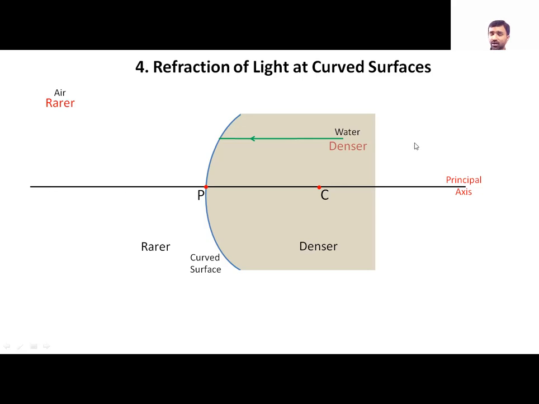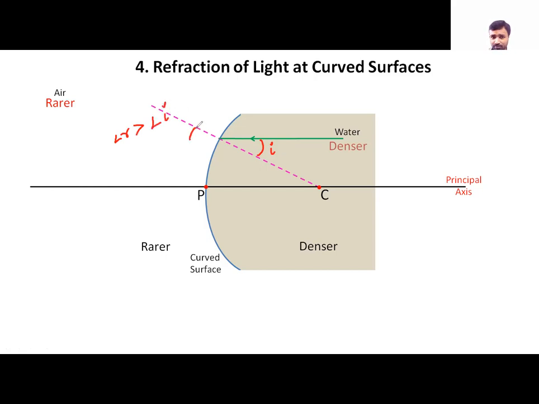So where is the normal? Connecting the center and the point of incidence. So just blindly assume the angle of incidence. When it enters the rarer medium, from denser to rarer, the angle of refraction will be greater than the angle of incidence.